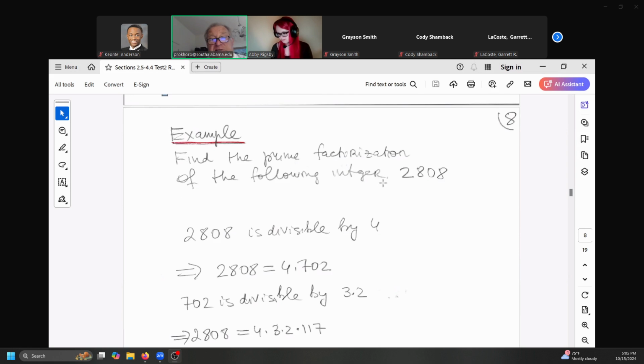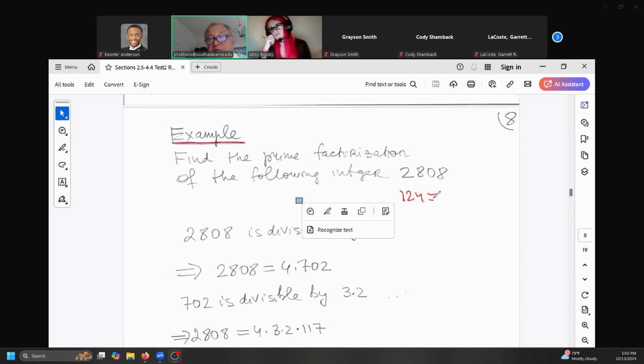Find the prime factorization of the integer 2808. No, I will do a different example. Suppose this integer is 124, and we need to find its prime factorization.